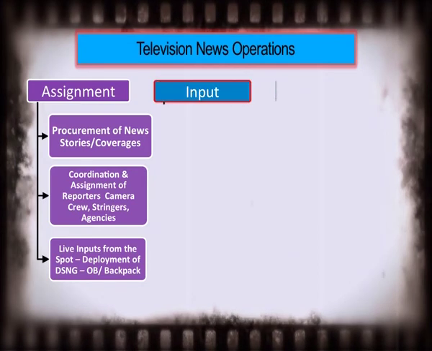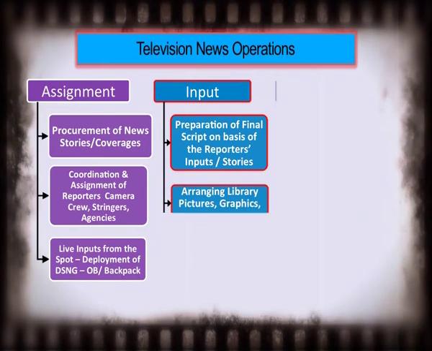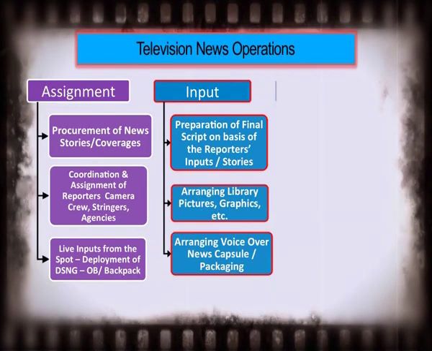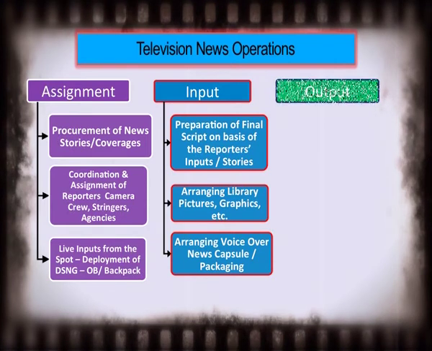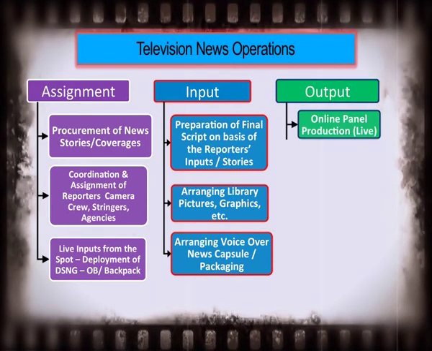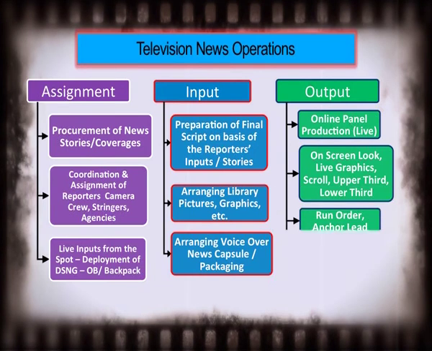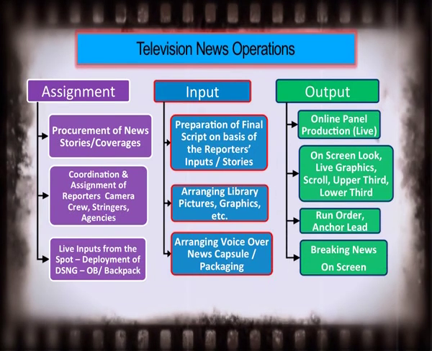The next is input, which does the processing, polishing, editing, whatever you can say, and makes it telecast worthy. And finally, the output, when it is telecast live. And most of the television news is telecast live. And what happens in the live? Who does what in the live situation?